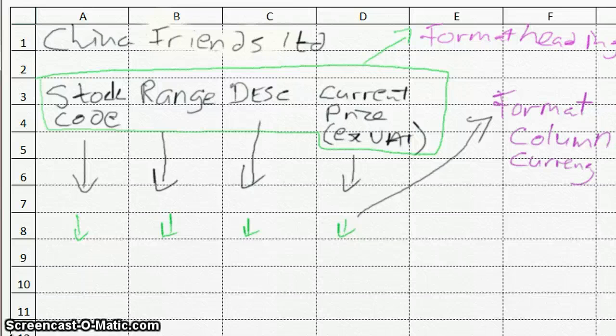So I've just used that to get my headings put in, and I've talked about the fact that I'm going to format these headings, and then I'm going to format the price as a currency column.